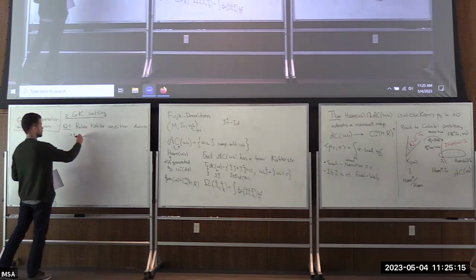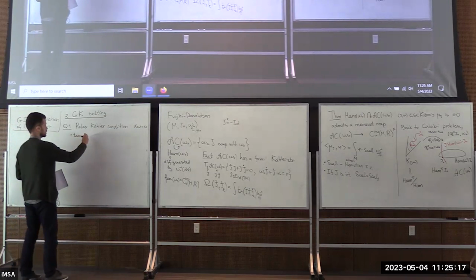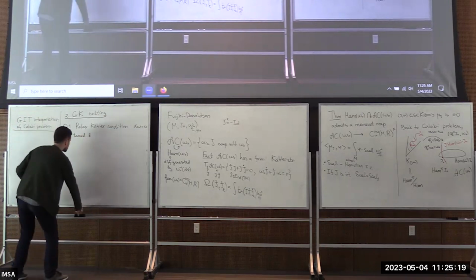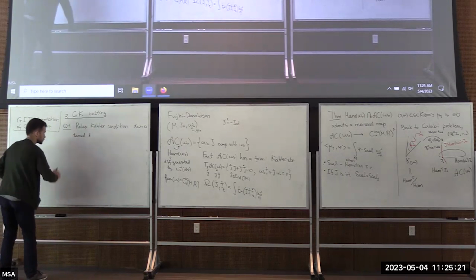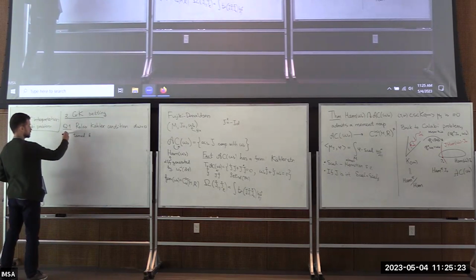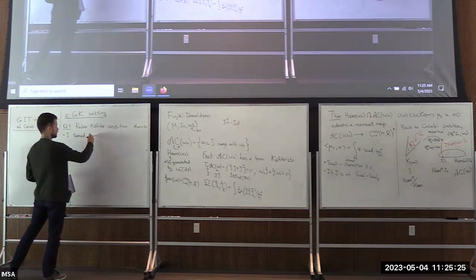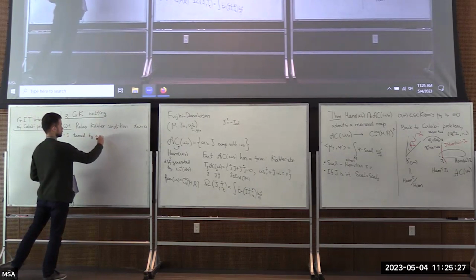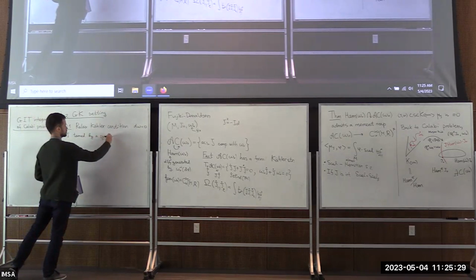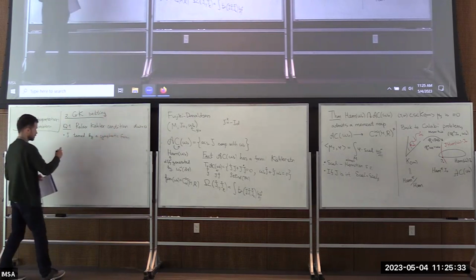I will explain what it means. Tamed: when your complex structure is not compatible with a symplectic form, but it is tamed by the symplectic form. That's what we're going to do.